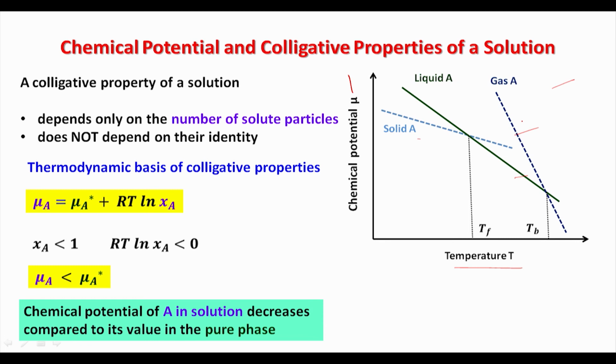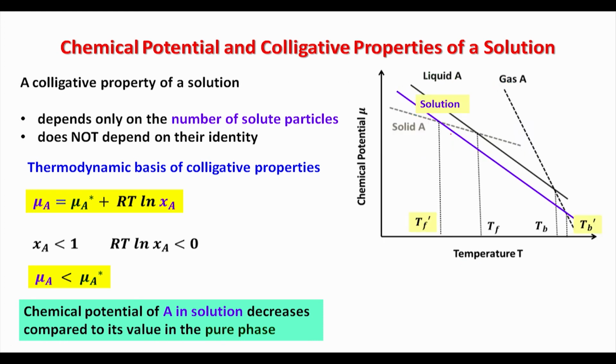And now in this picture, if I think about any given temperature like this, if I dissolve a solute in A, I expect the value of its chemical potential to be somewhere here. Similarly, if I have some other temperature like this is where its chemical potential would be located.